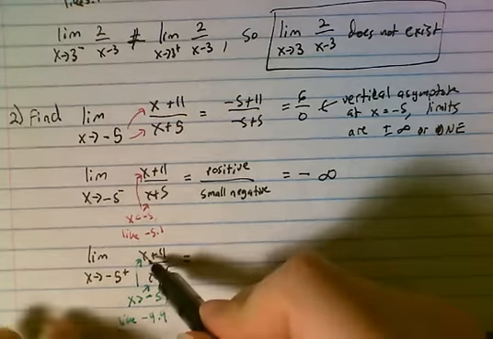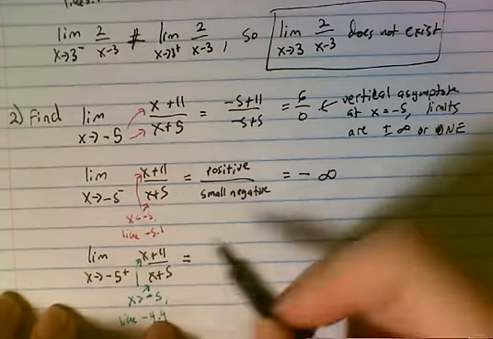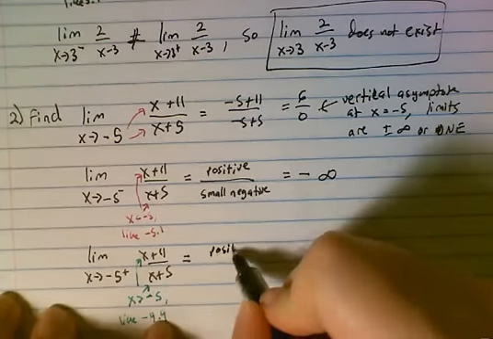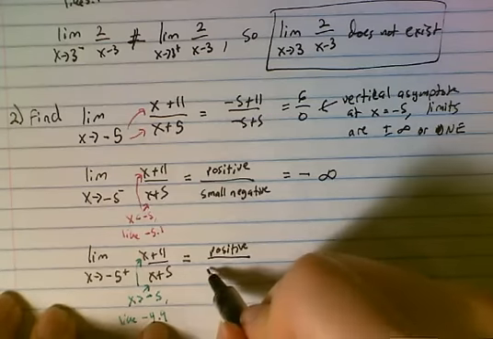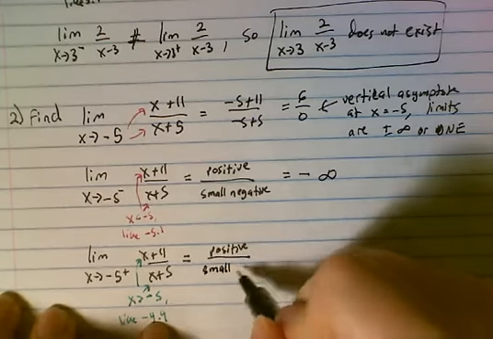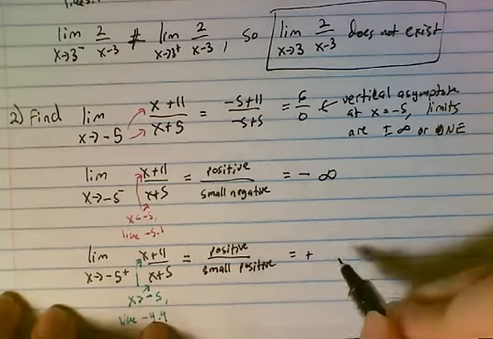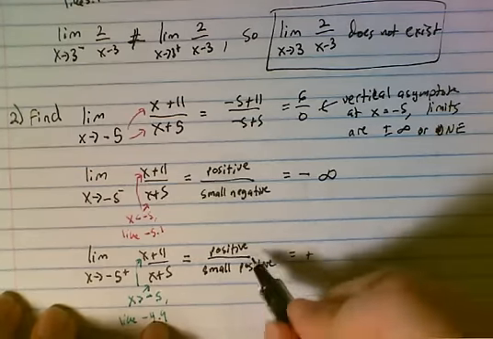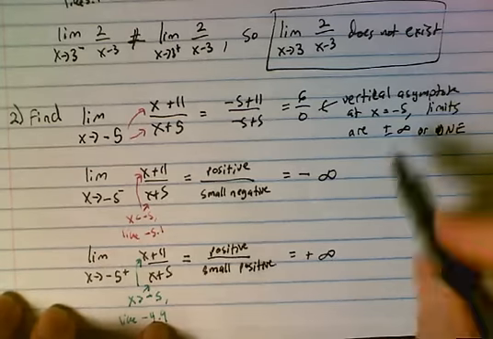So a negative number, negative 4.9 plus 11, 11 is way bigger, so it's still going to be positive. Negative 4.9 plus 5, that's also a positive number, so down here is a very small positive. Positive divided by positive is positive. A number divided by an extremely small number approaches infinity.